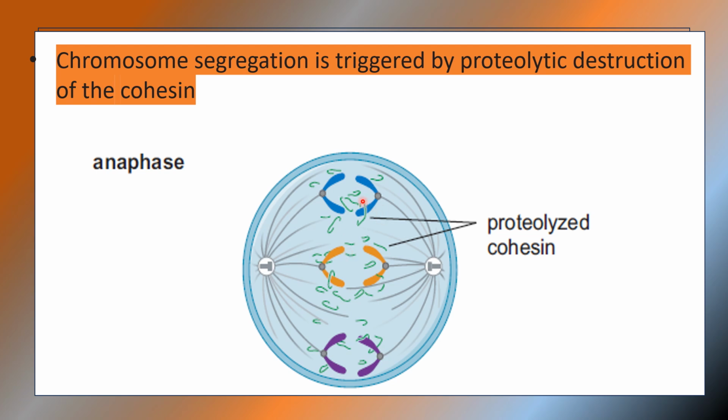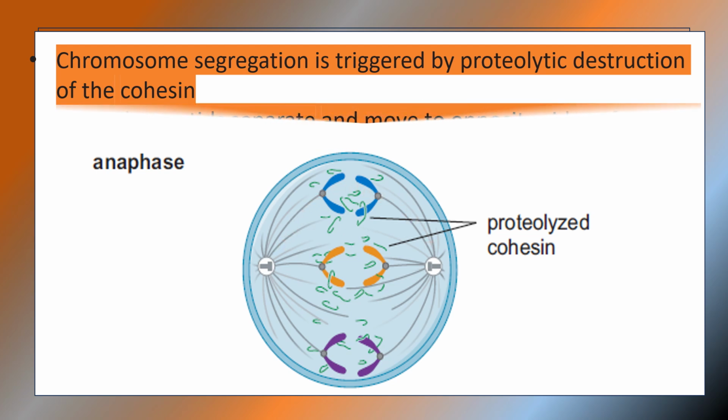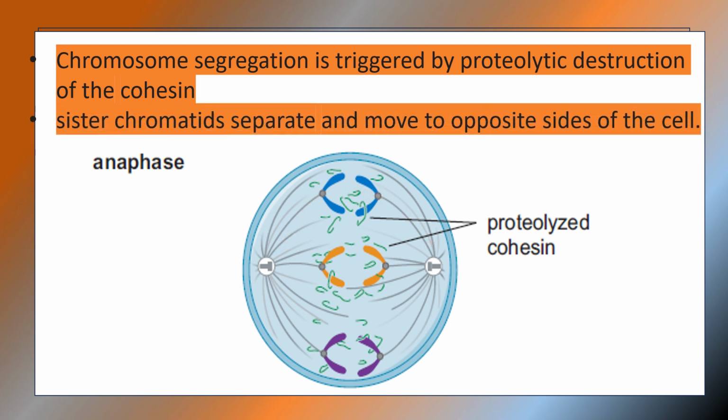This facilitates the movement of the sister chromatids apart from each other and finally into each daughter cell. This completes the anaphase. You can see the movement towards the opposite poles: one moves in this direction, another in that direction.